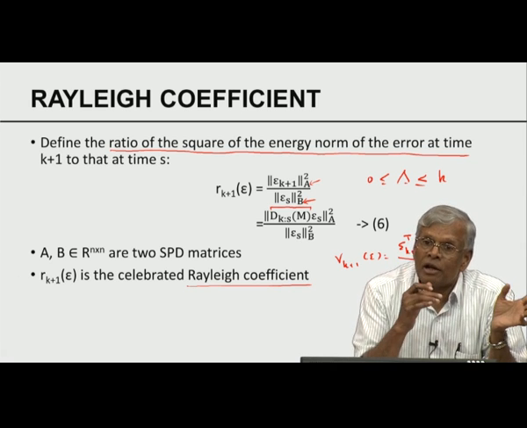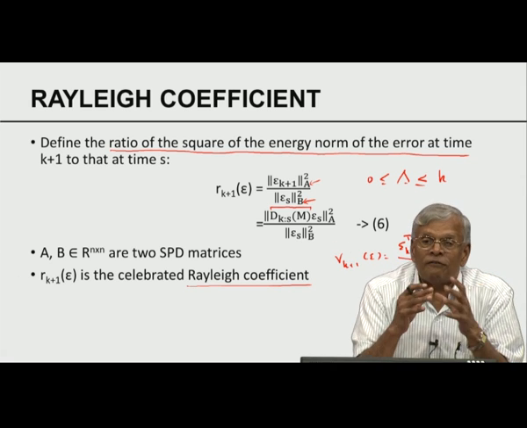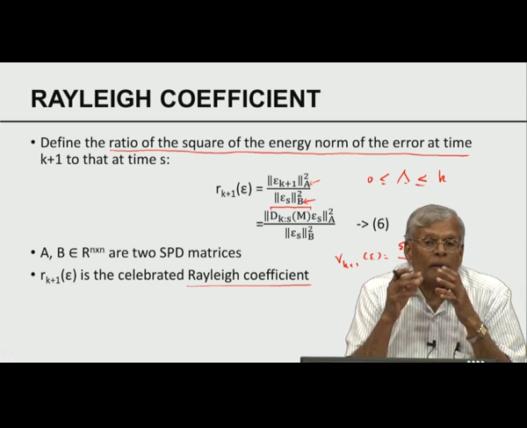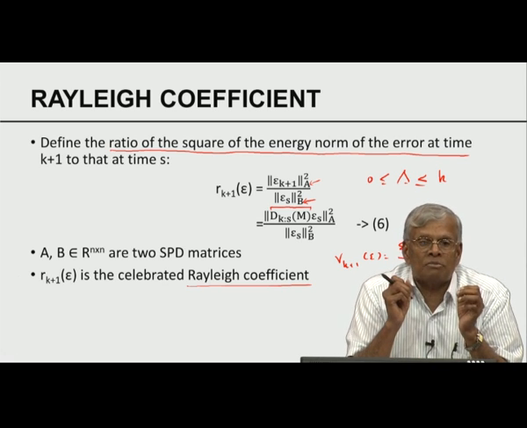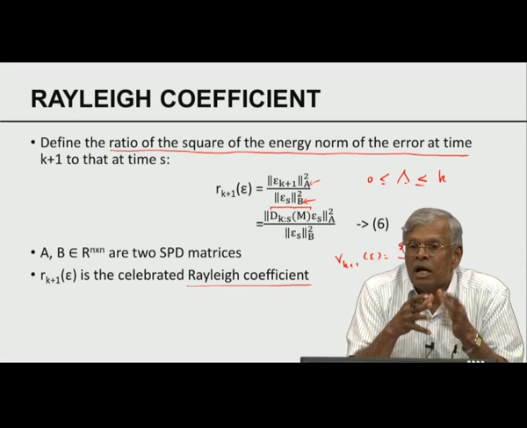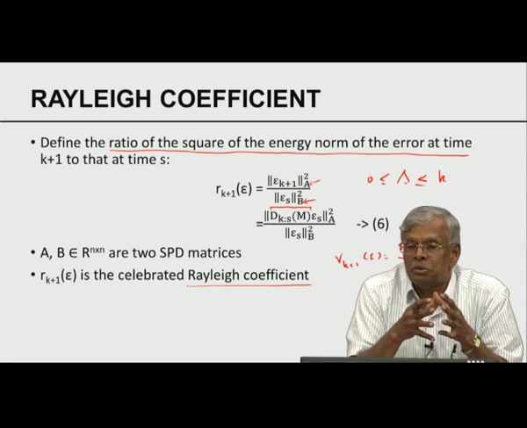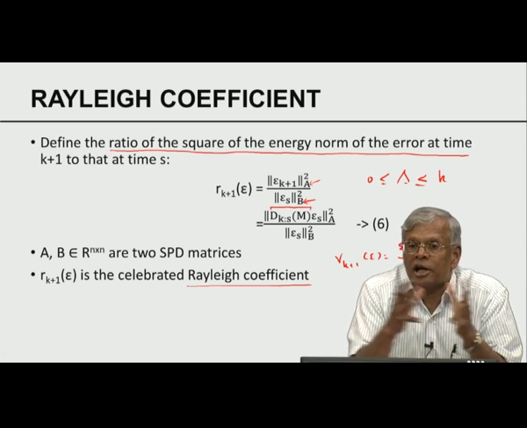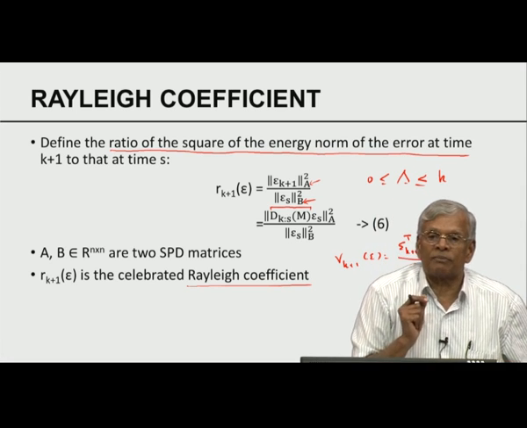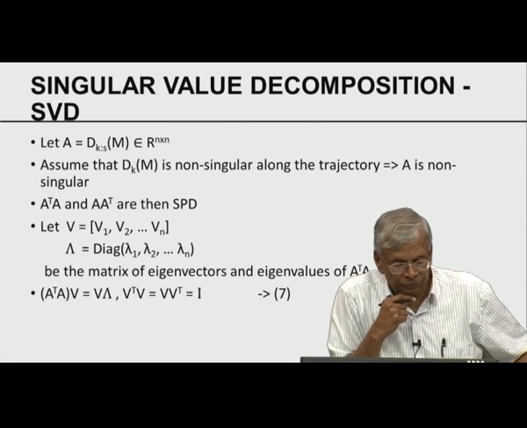The initial errors magnify. Therefore, analysis of the properties of this Rayleigh coefficient, for appropriate choices of energy norms of the numerator and the denominator, essentially provides a very good clue to the quality of forecast generated by the model. That's the secret of using Rayleigh coefficient.